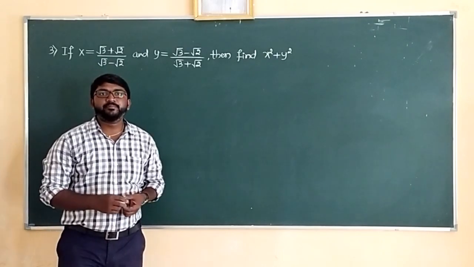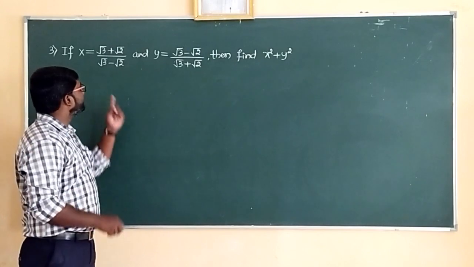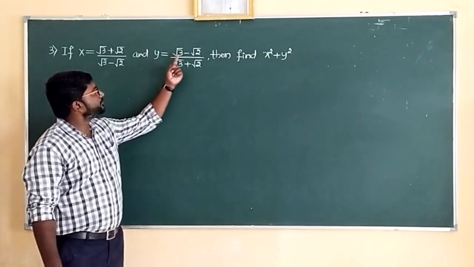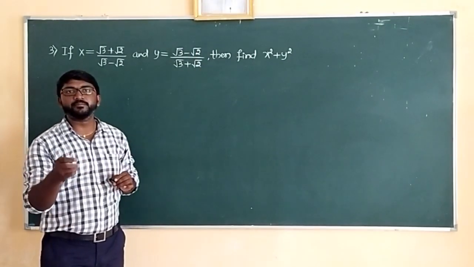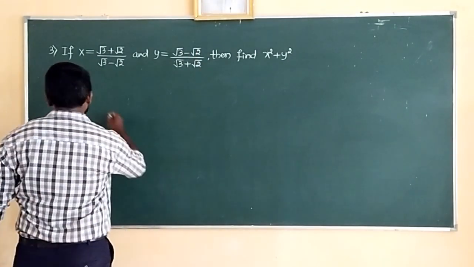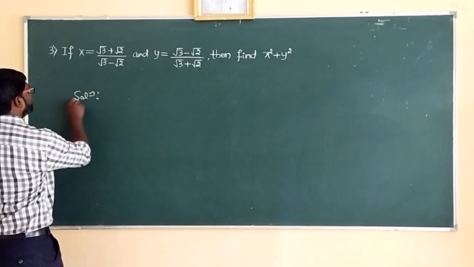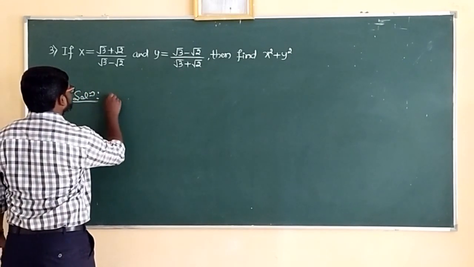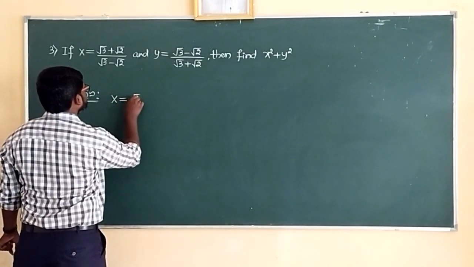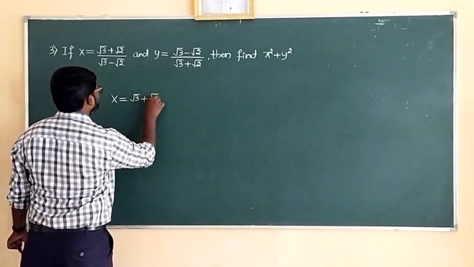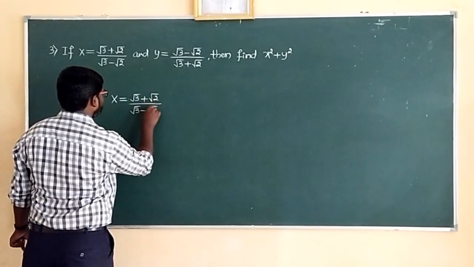Well, the third example problem: if x equals root 3 plus root 2 divided by root 3 minus root 2 and y equals root 3 minus root 2 divided by root 3 plus root 2, then find x square plus y square. See here. I go for x now. x equals root 3 plus root 2 divided by root 3 minus root 2.